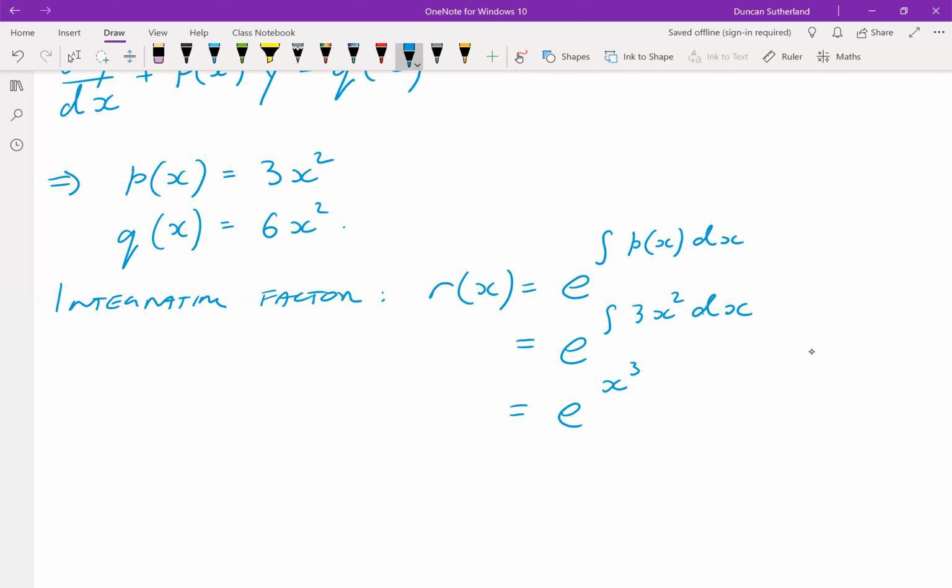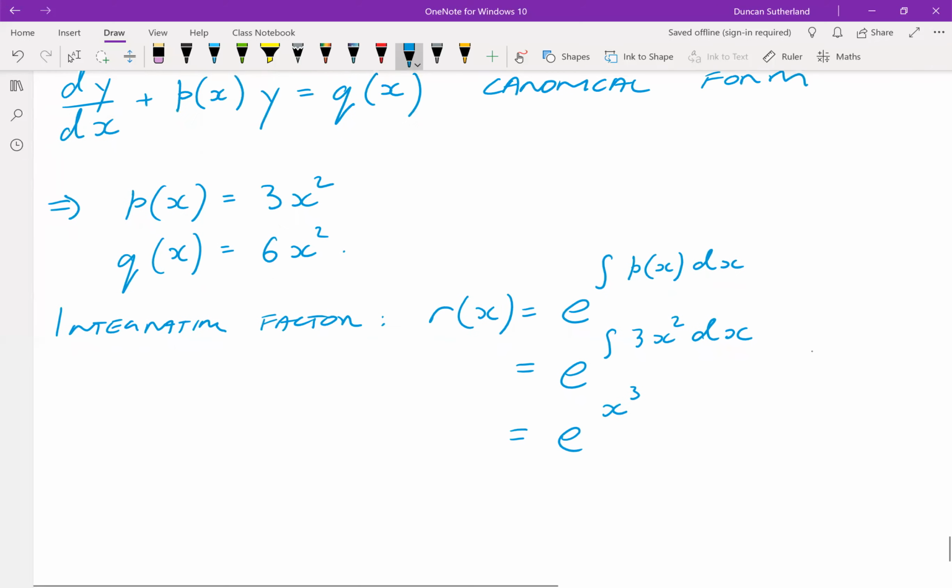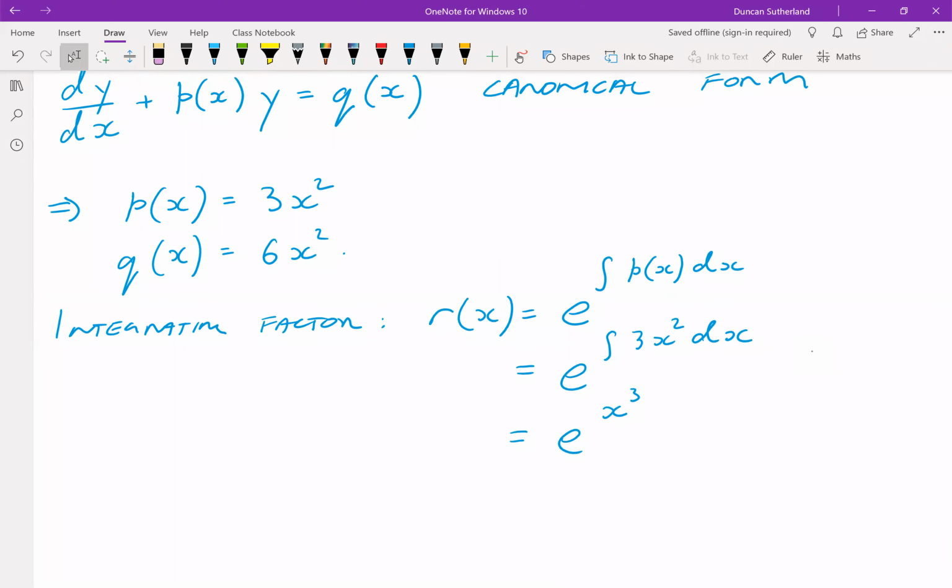Remember also that we do not need a constant of integration. A constant of integration would pop out the front of this rx, and when we multiply through, it would all divide out anyway. So we do not bother with the constant of integration. And that's our integrating factor for this problem.